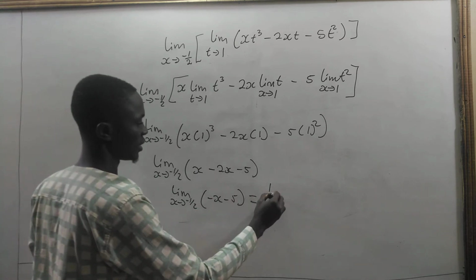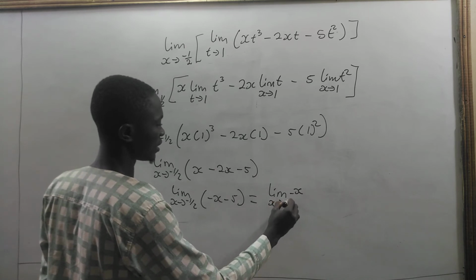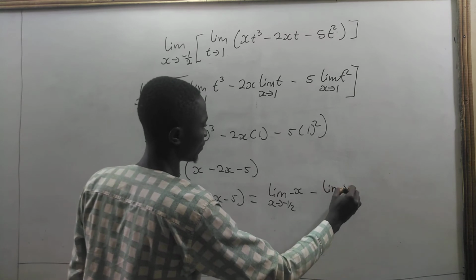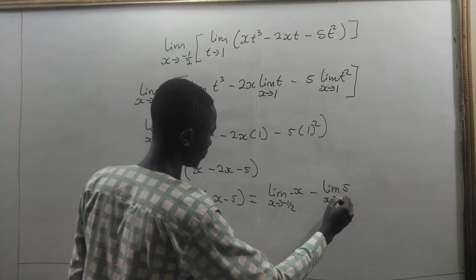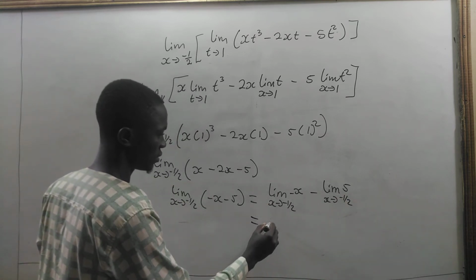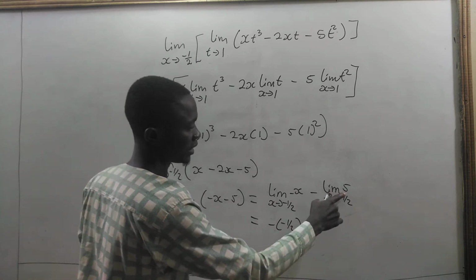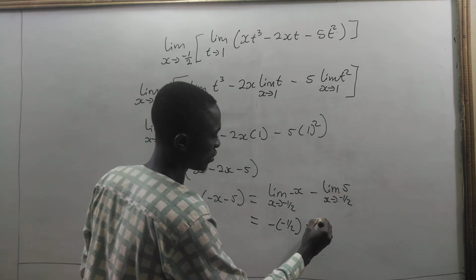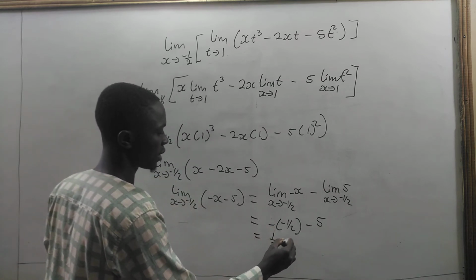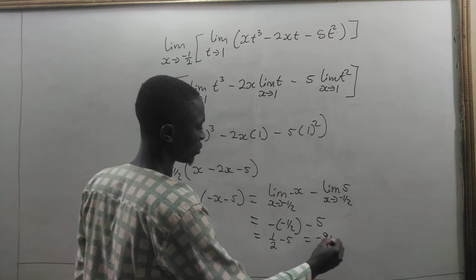And that will give us the limit of minus x as x approaches negative half, minus the limit of 5 as x approaches negative half. And this will give me minus negative half, minus 5, since the limit of a constant is a constant. So I'll write 5. And this will give me half minus 5, and that is negative 9 on 2.